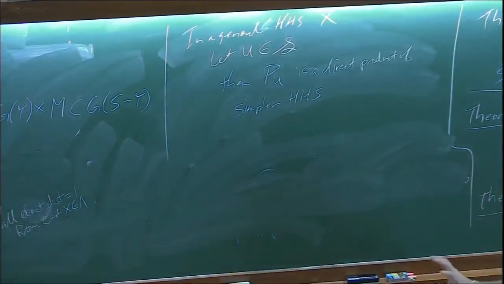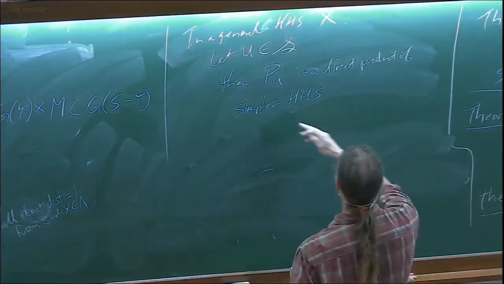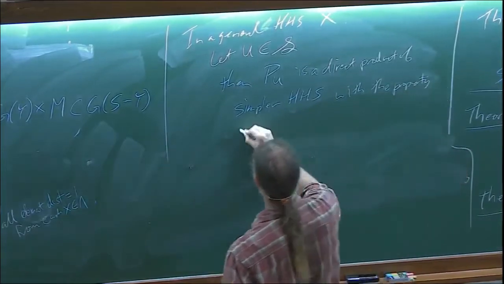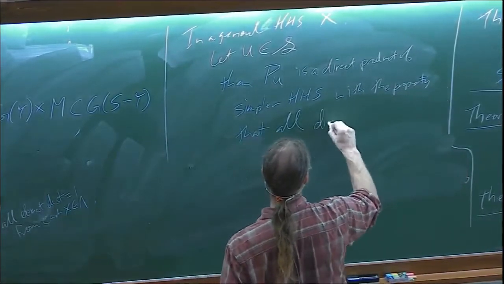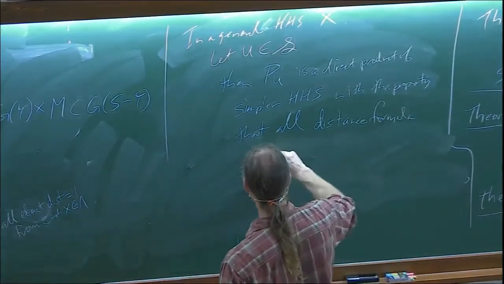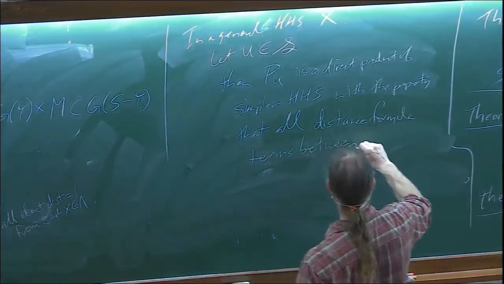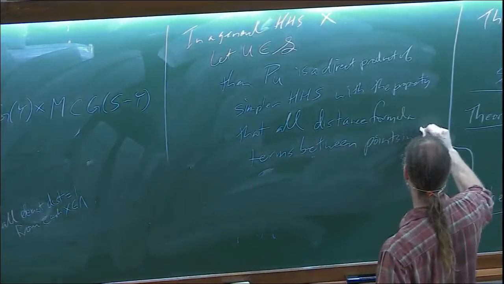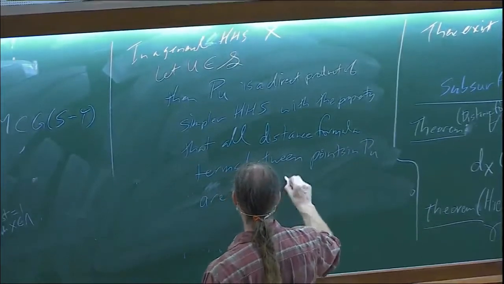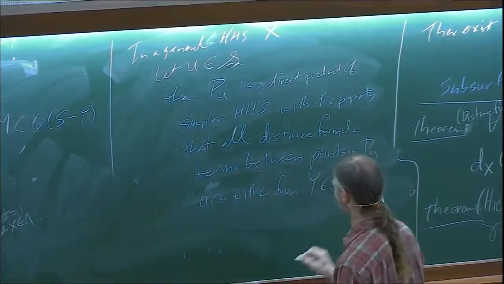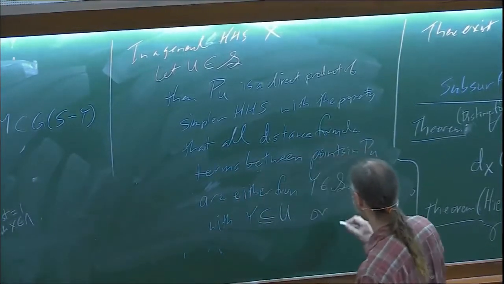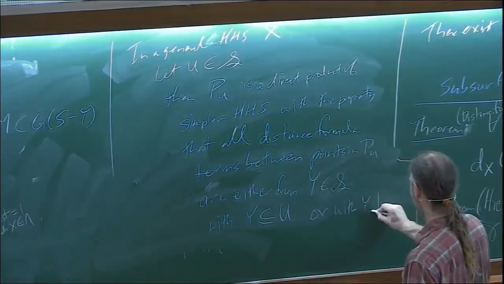The right way to think about what those spaces are is with the property that all distance formula terms between points in P sub U are either from Y in S with Y nested inside U, or with Y orthogonal to U.